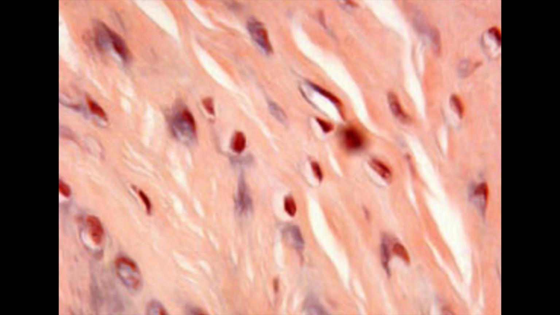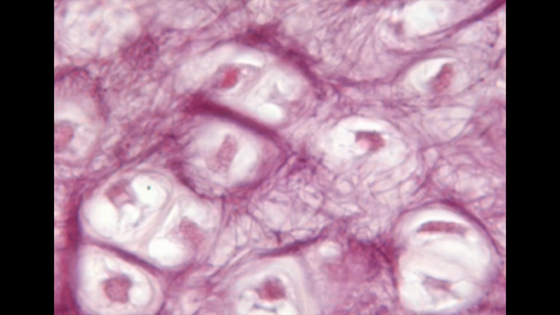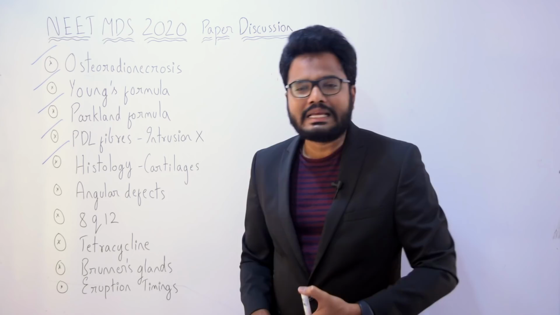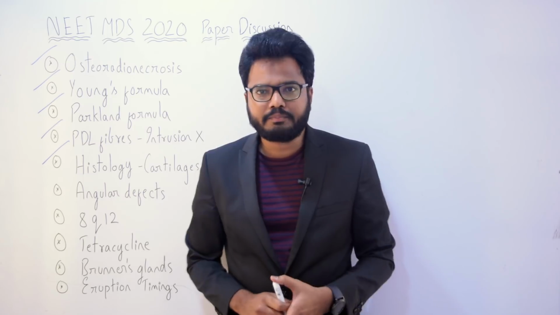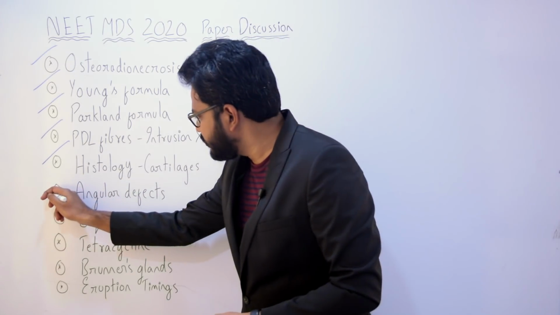Then fibrocartilage is the strongest, as understood because of the presence of dense collagen fibers oriented in the direction of functional stresses. You can also find chondrocytes in lacunae and thick bundles of collagen fibers. Then elastic cartilage, named because we can notice elastic fibers. The chondrocytes are found in a thread-like network of elastic fibers within the matrix, right? Now moving on to the next question.